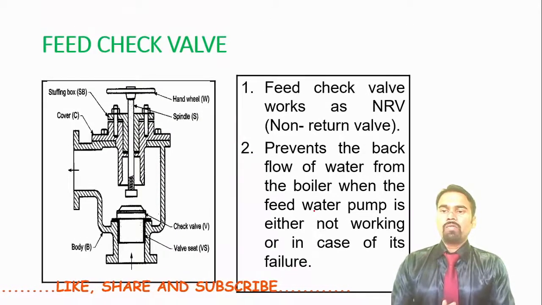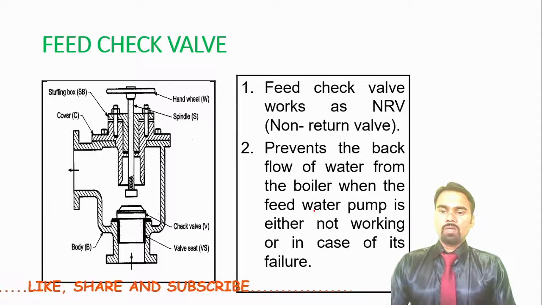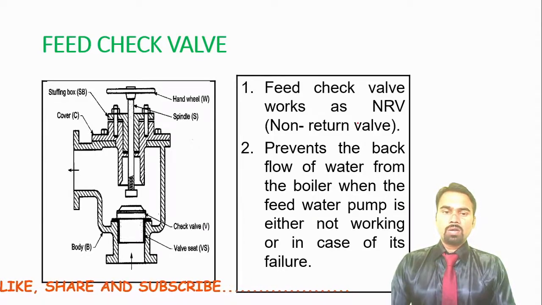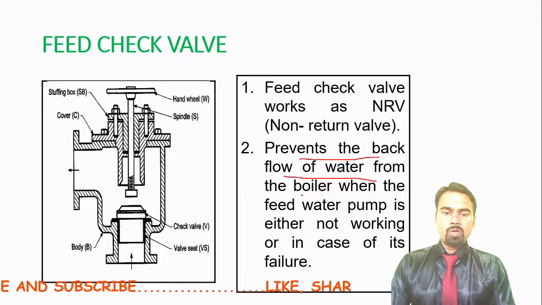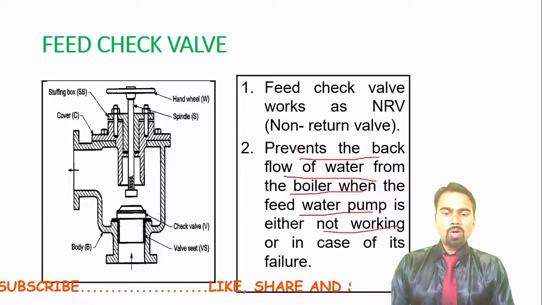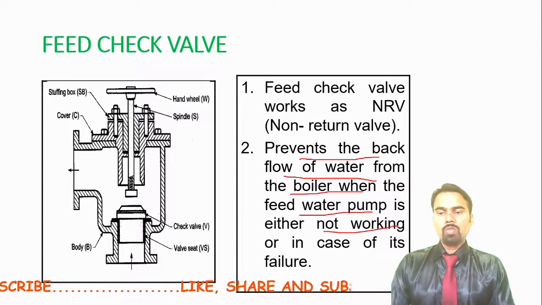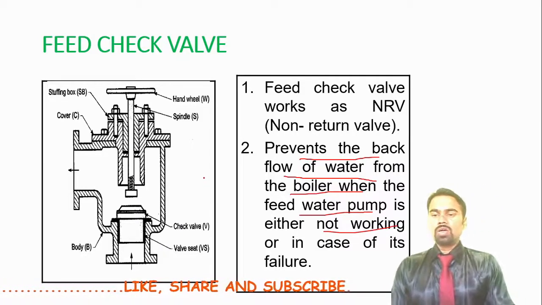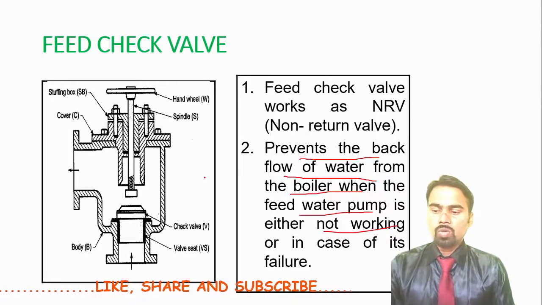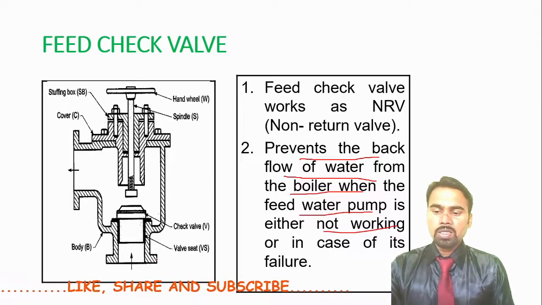Then next is the feed check valve. The function of the feed check valve is to prevent the backflow of water when the boiler or feed water pump is not working. It is similar to the non-return valve, which means we can send the water in only one direction.